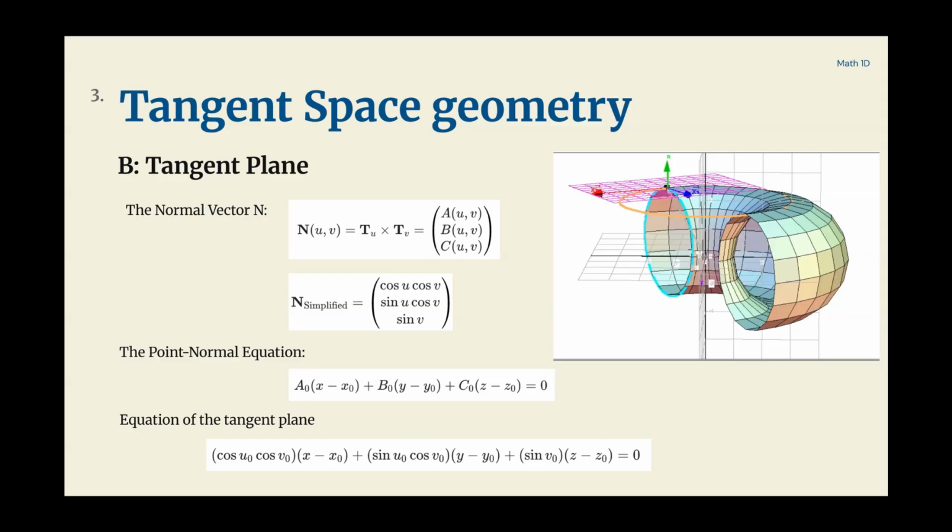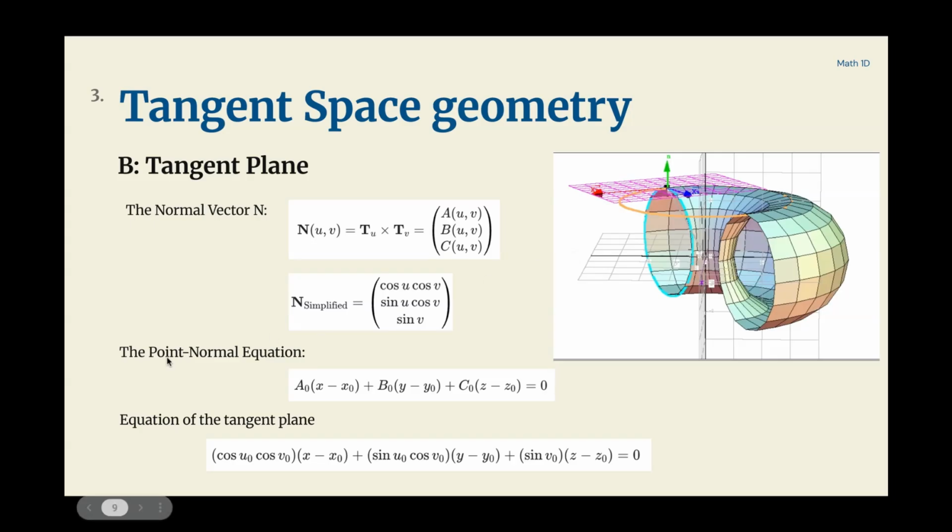The tangent plane is just a plane that intersects one point of this surface, right? So it has one point, and its normal vector is perpendicular or orthogonal to any vector that lies on the tangent plane.